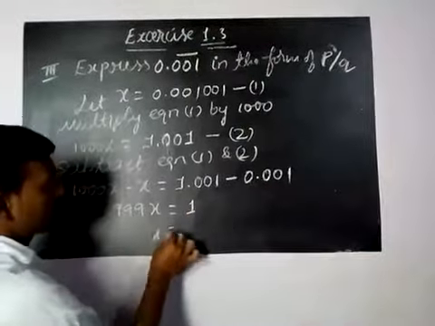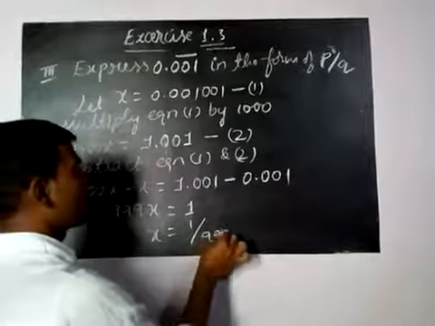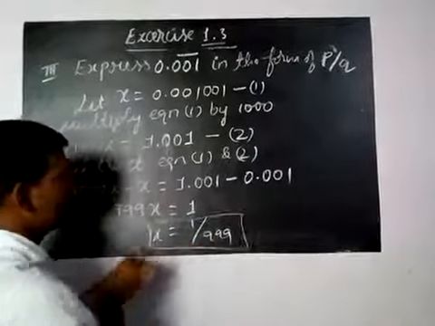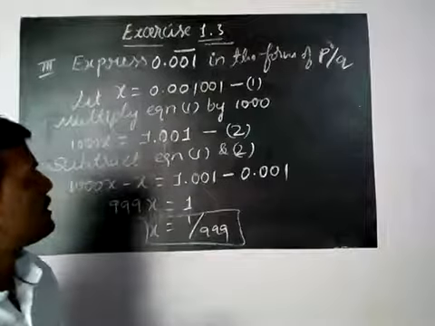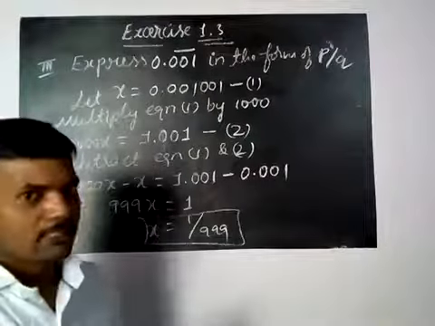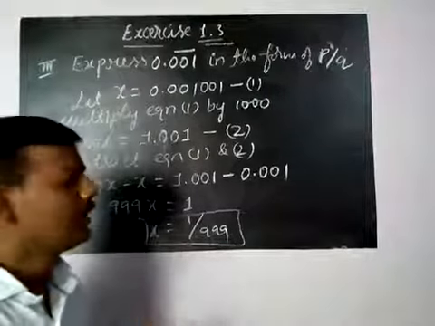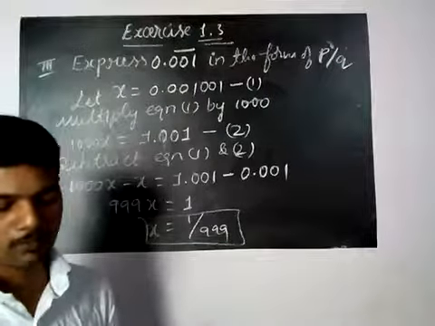Then x is equal to 1 by 999. So 0.001 bar can be expressed as 1 by 999. Okay.